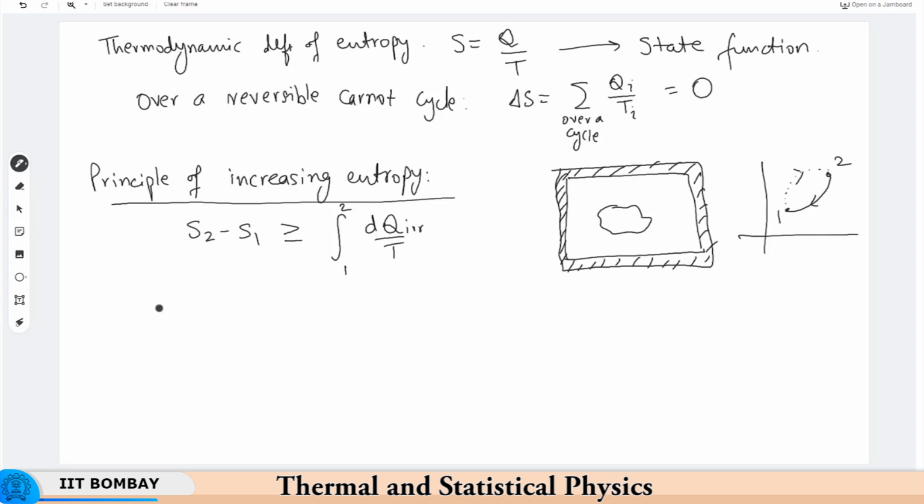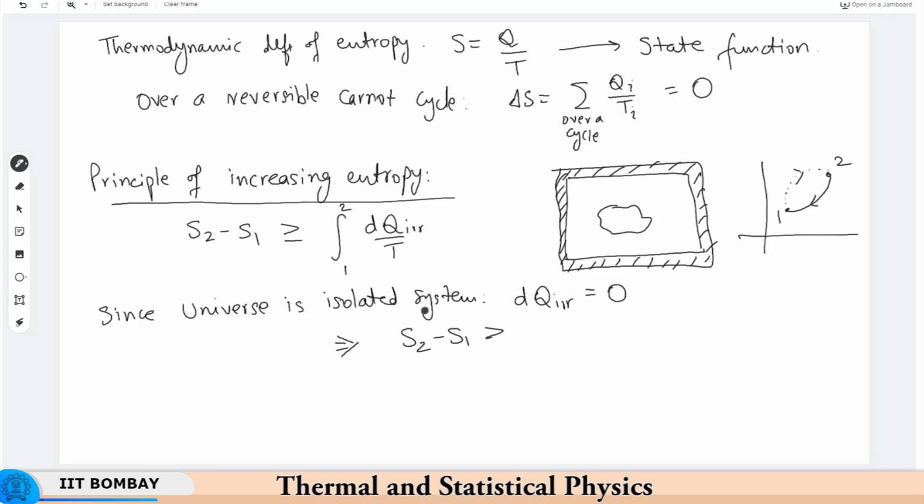So any process happening inside the universe must be accompanied by dq equal to 0, since the universe is an isolated system. So dq irreversible has to be 0, which implies S2 minus S1 has to be greater than 0 if the process is irreversible.